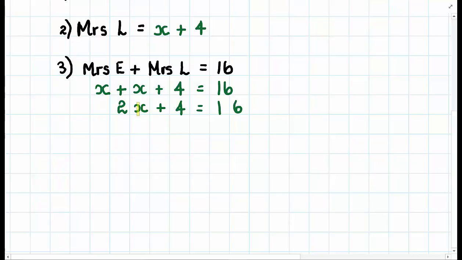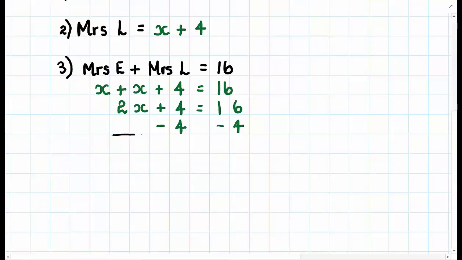We want to get x on its own. So we need to get rid of this plus 4. In order to undo the plus 4, we need to take it away to make it 0. So we're going to take 4 away from the left hand side and 4 away from the right hand side. Remember, what you do to one side you must do to the other.